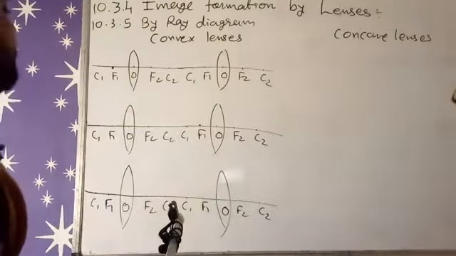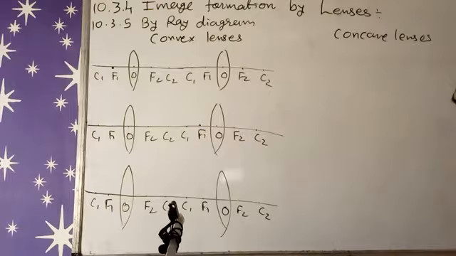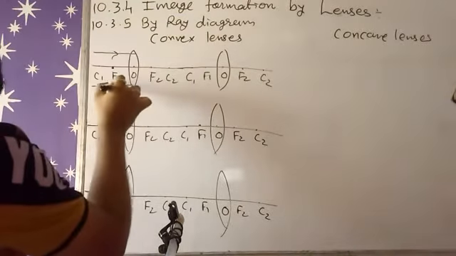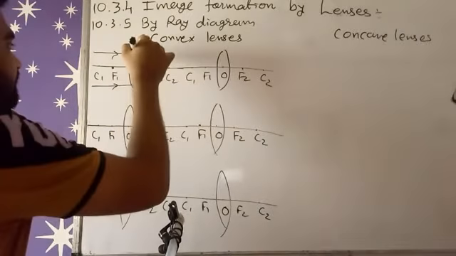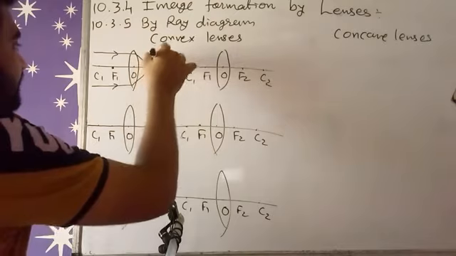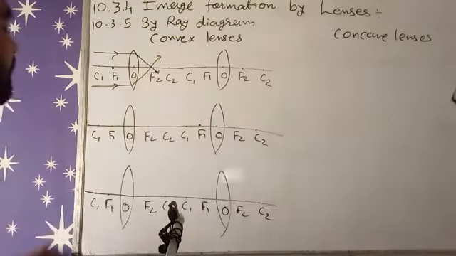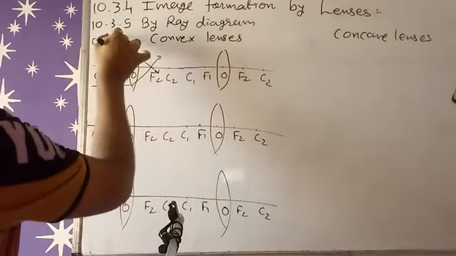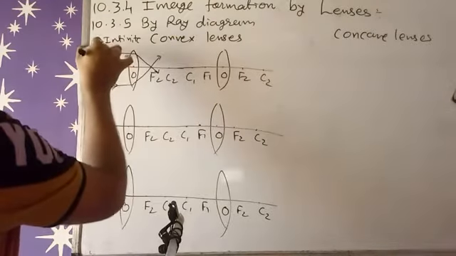So, six characteristics. Now the first characteristic: if our object is at infinite distance, the light rays after refraction will intersect at a point, and that point is called our second principal focus. So the object is at infinity. What is the image?